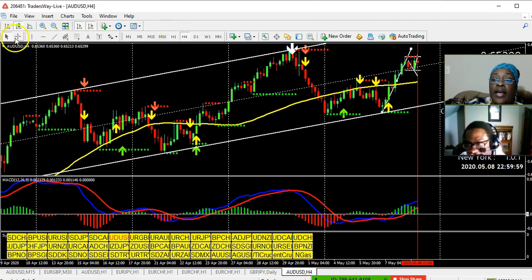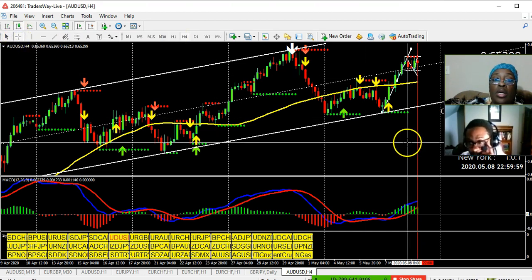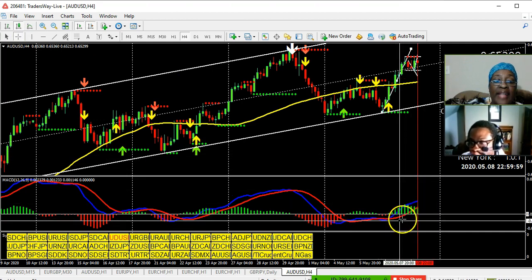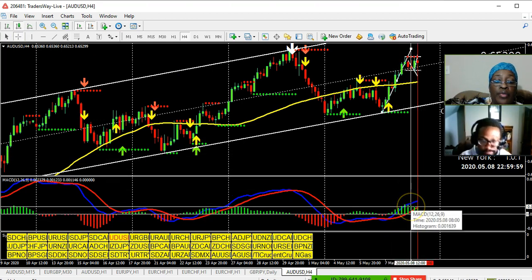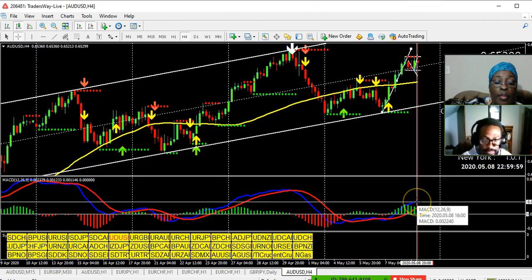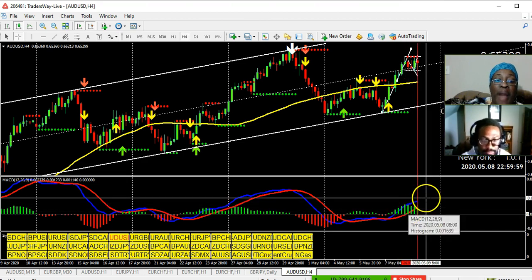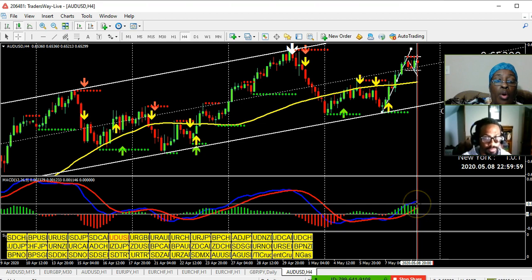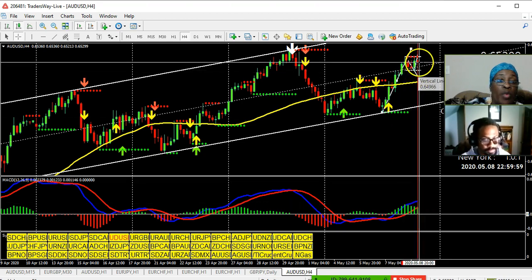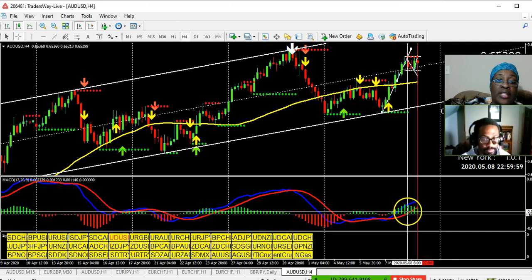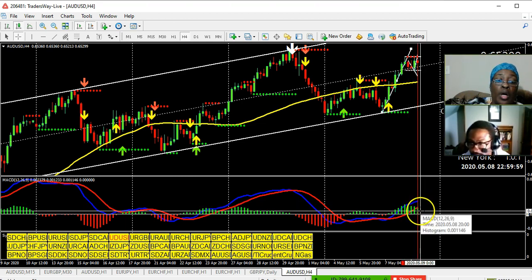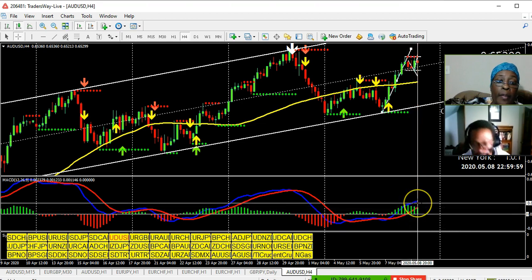The only thing that will give me pause is my MACD, because my MACD has crossed above my center. My MACD is in buyer's territory right now. But because it's in consolidation and we're waiting for a breakout anyway, it really doesn't matter so much with the MACD because we're not going to make a move, but it's an observation.